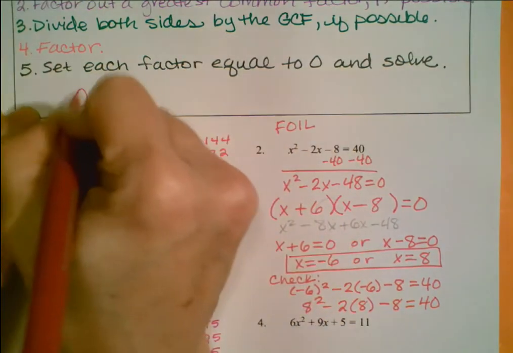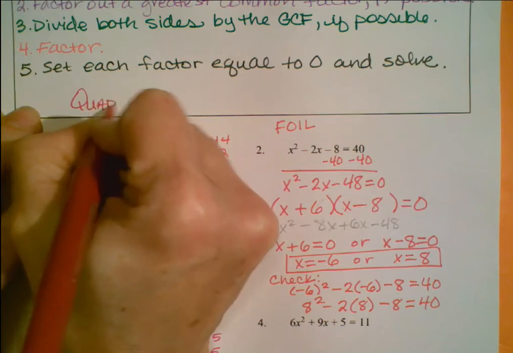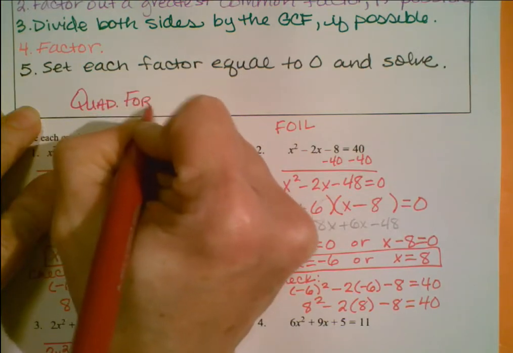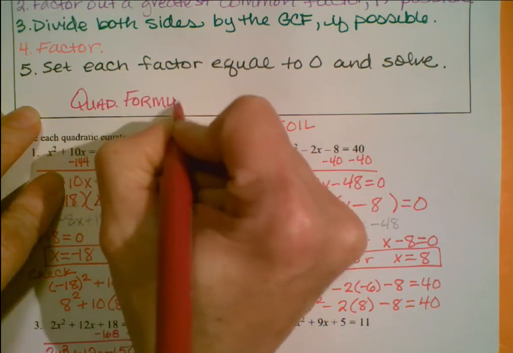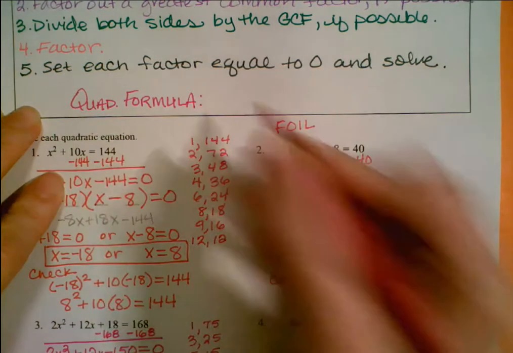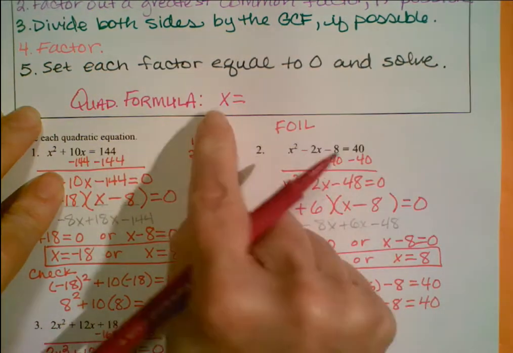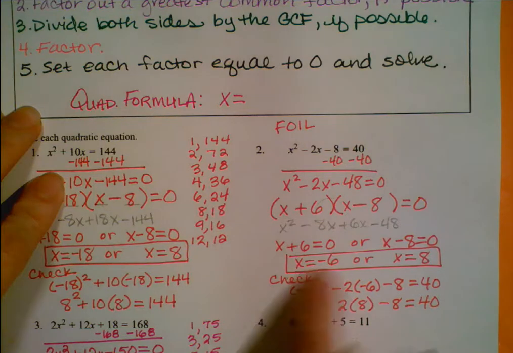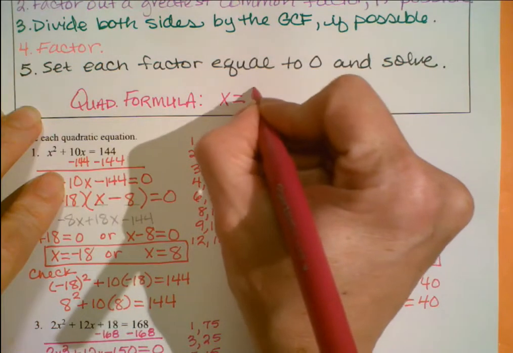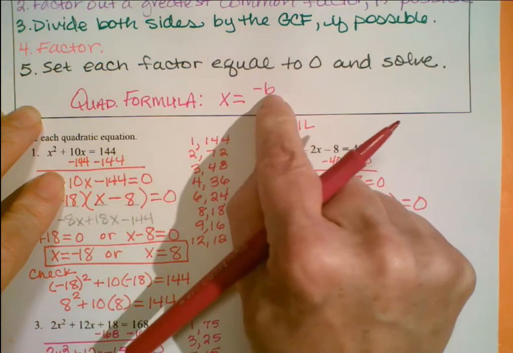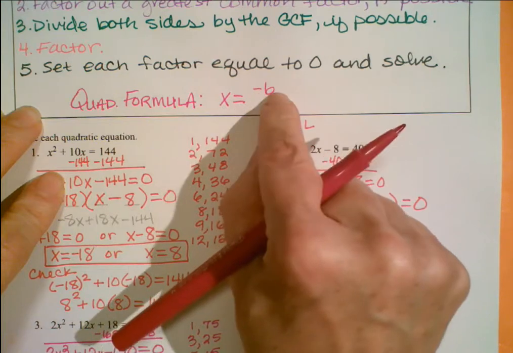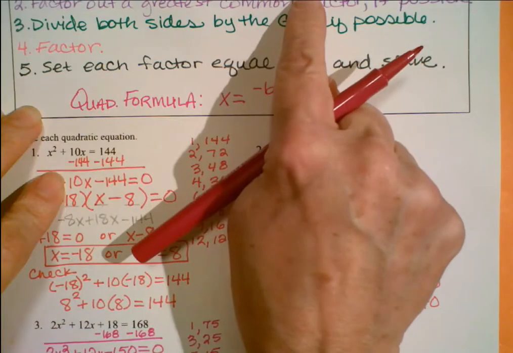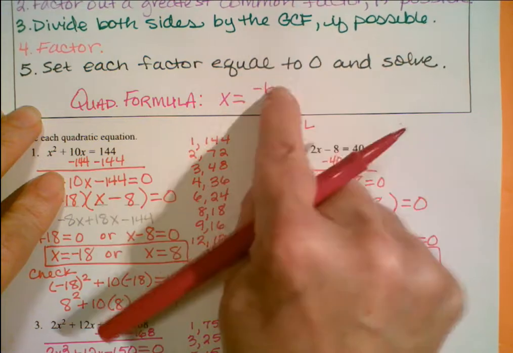So the quadratic formula: x equals, and x is your solution, the opposite of b. So if b is a positive number, it'll be a negative b. If b here is a negative number, then the opposite of it would be a positive.